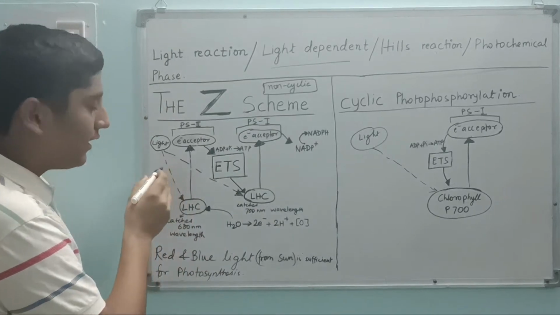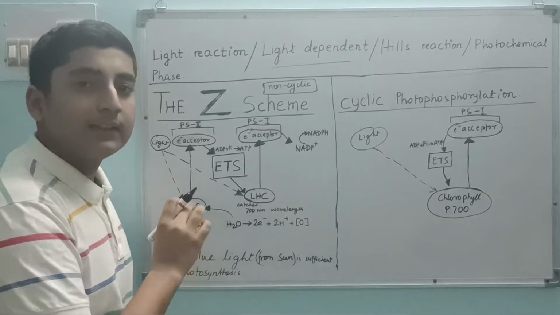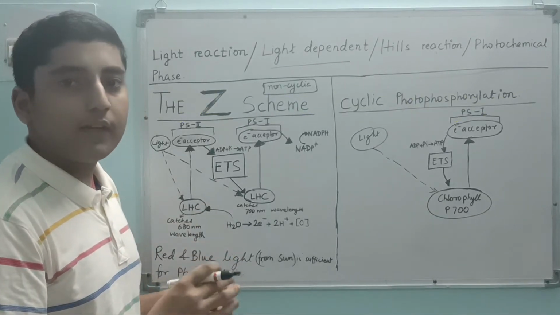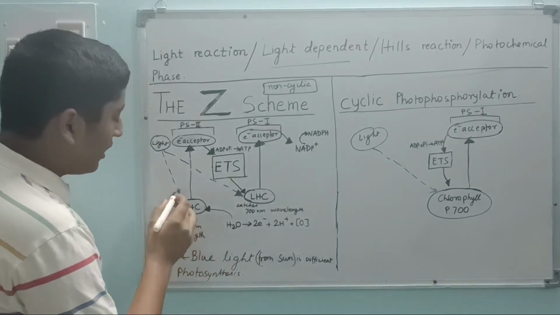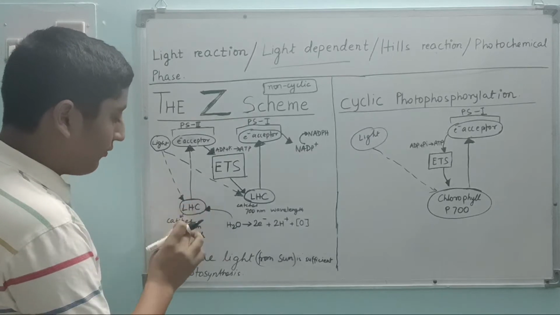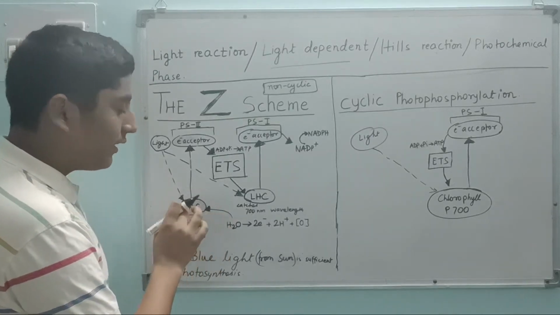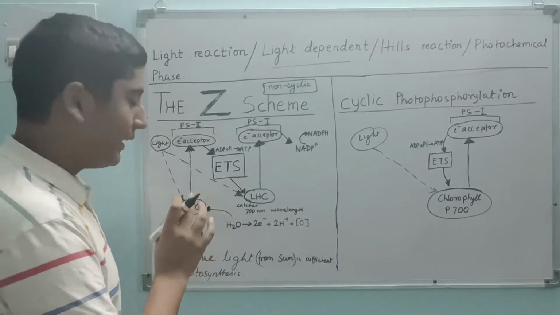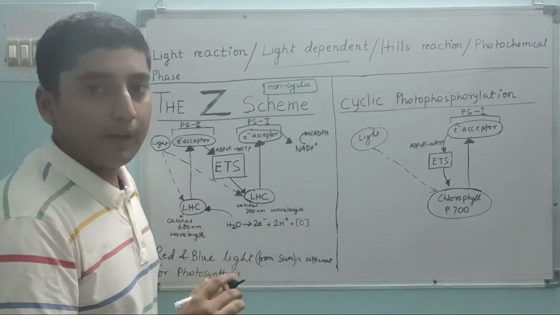When light of different wavelengths falls on the LHC, meaning light harvesting complex, this is the place where light gets harvested, the place where light gets collected. First the light goes to photosystem 2, and when rays of light of different wavelengths go to the photosystem 2 LHC, it catches the wavelength of 680 nanometer.